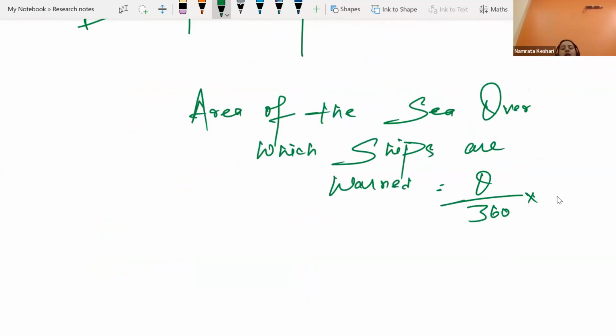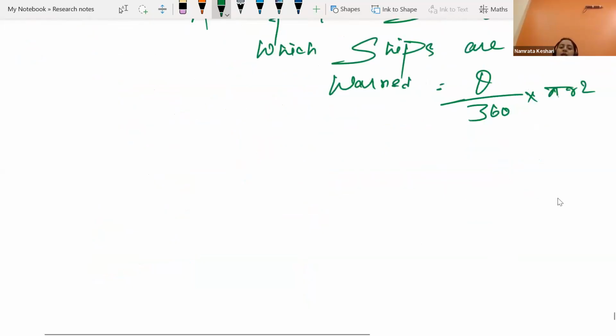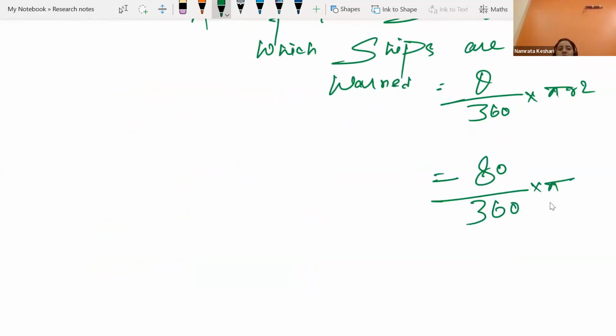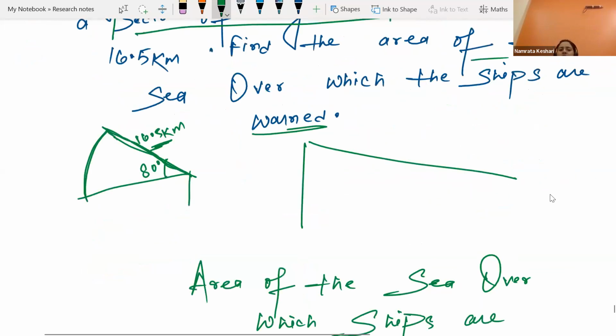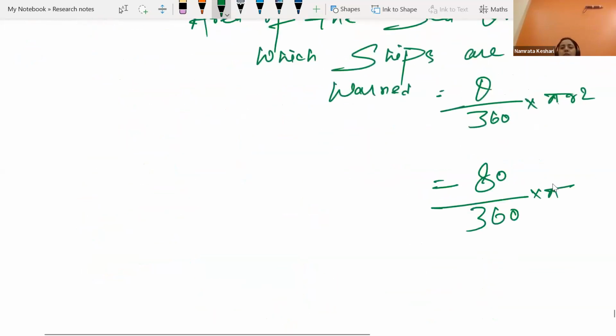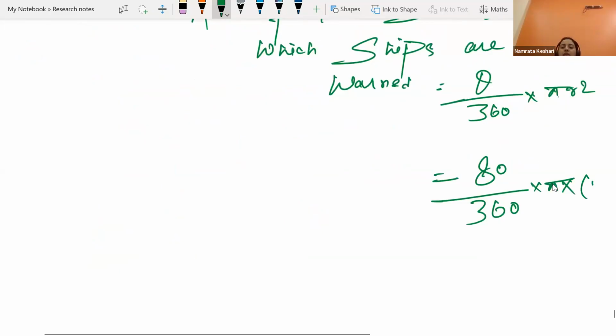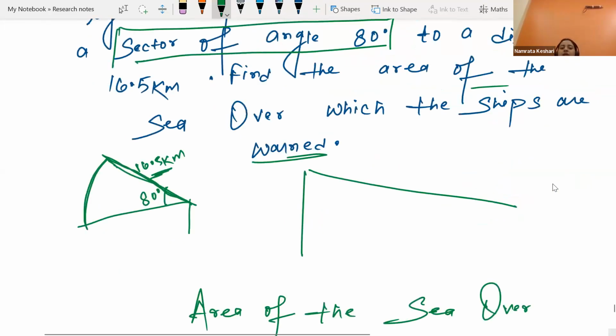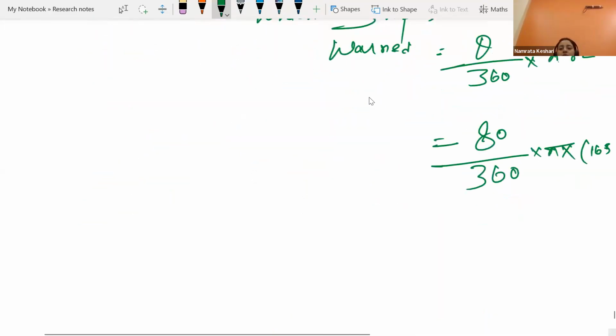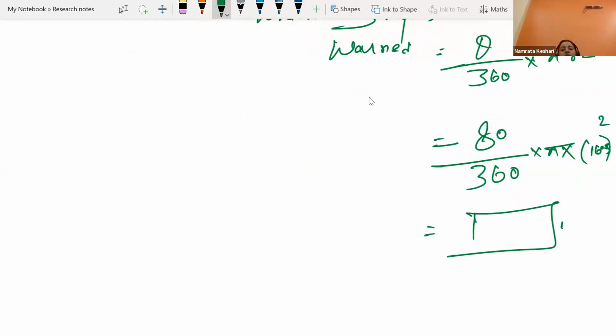Theta is given, r is given, so we will be able to do the calculation. Theta is given as 80 degree, by 360 into pi. R is given in kilometer. 16.5 is there, that's the square we are going to do, and you will be getting the final answer in kilometer as well.